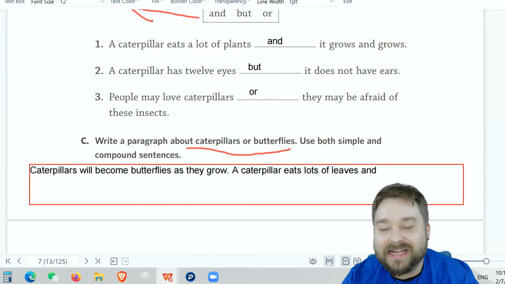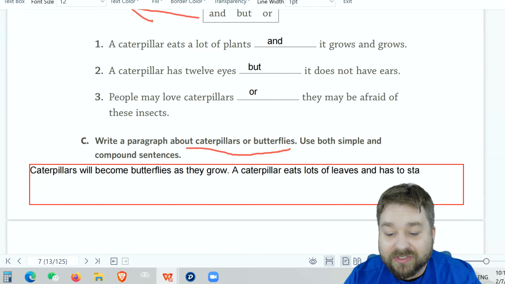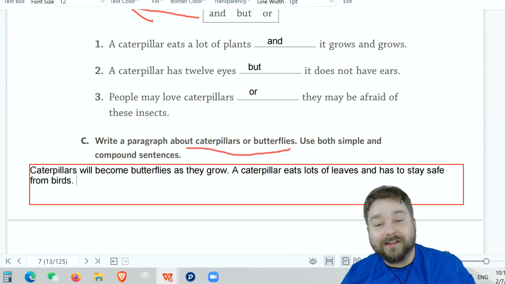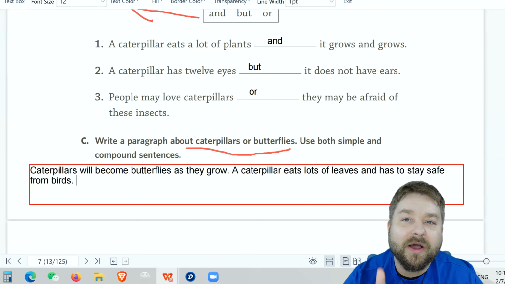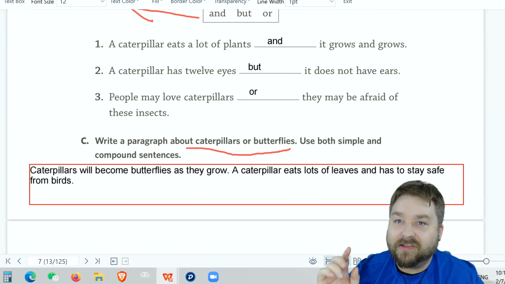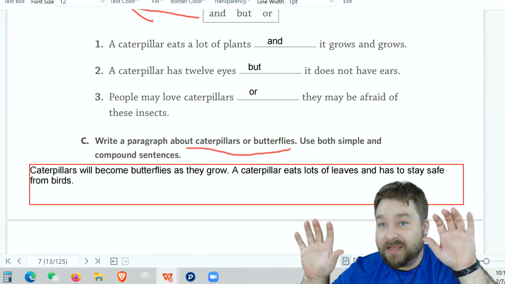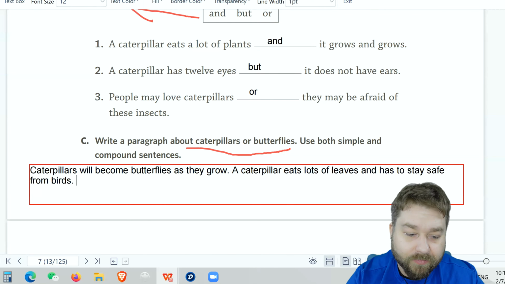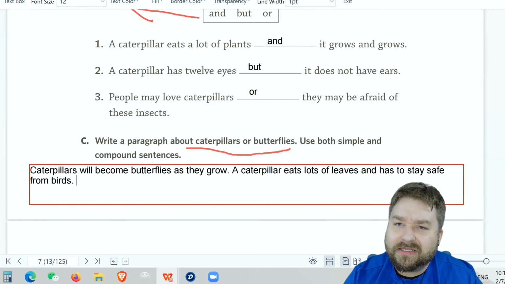So a caterpillar eats lots of leaves and has to stay safe from birds. Hey, there we go. Now we've got and. That's our compound sentence, right? It has to do this and it has to stay safe, right? Now it can grow. What happens next?